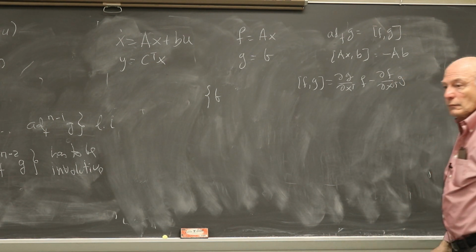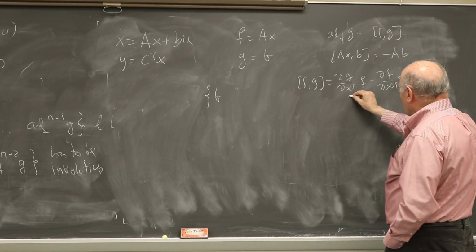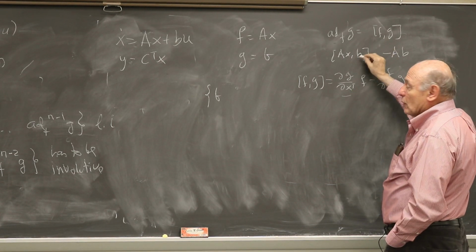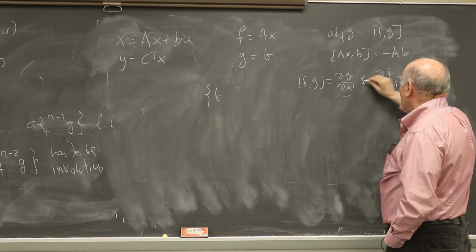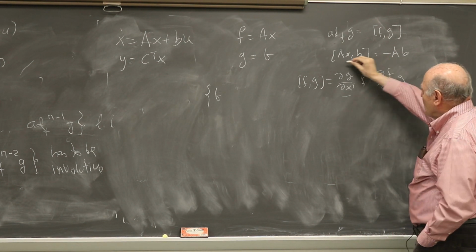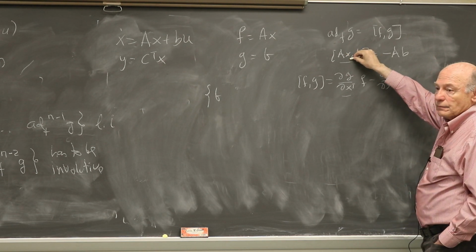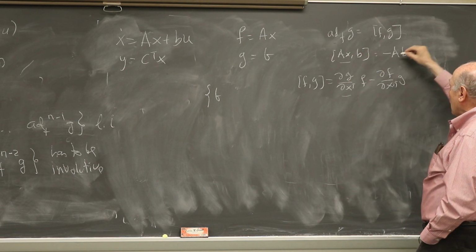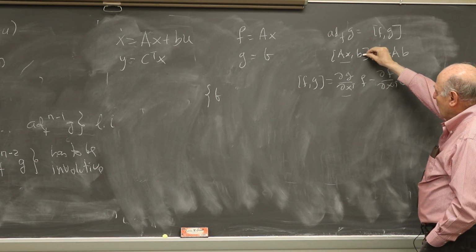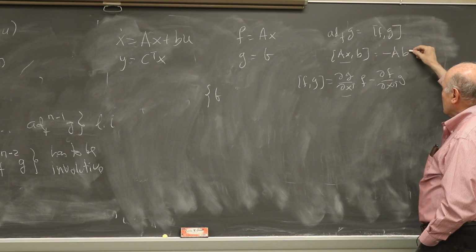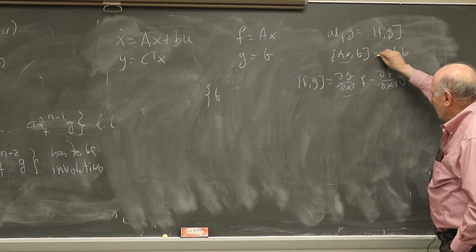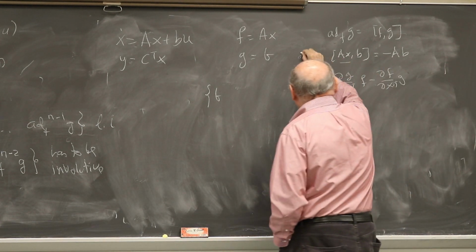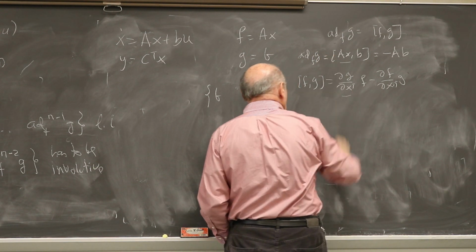All right? But this matrix is the partial of a constant vector with respect to x. That's 0, because B does not depend on x. So I'll have the partial of F with respect to x. That will be A. The partial of this vector with respect to the vector x will give you the matrix A with a minus sign. And then you have to multiply that by B, which is G. So the first Lie bracket is just minus AB. So ad_F G is just that.